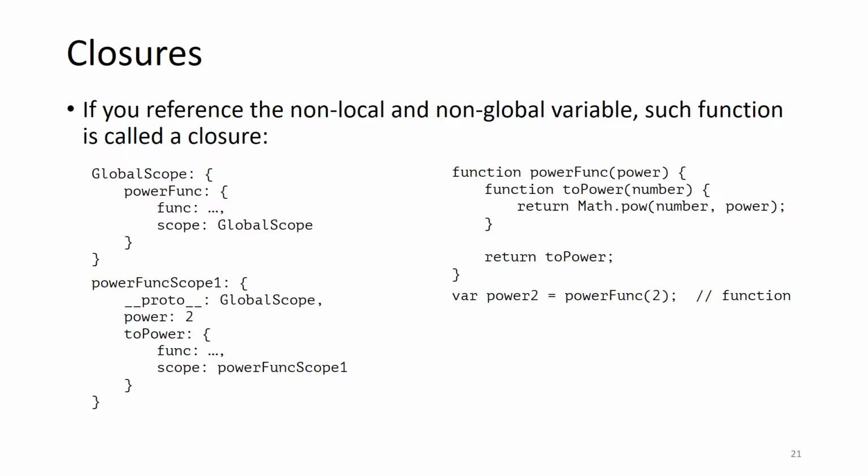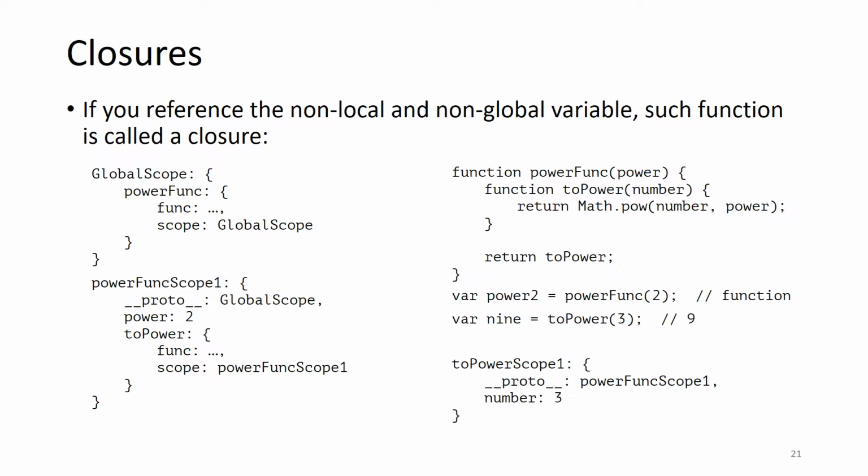So, the return value of our function is another function. So we can call this function again. It should be power2 here, not power. So we call this function and we get a 9. How does it happen? We call this function, it creates a new scope which inherits from this parent scope, and it has the argument number.